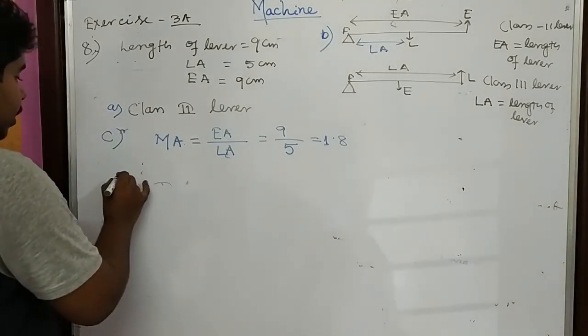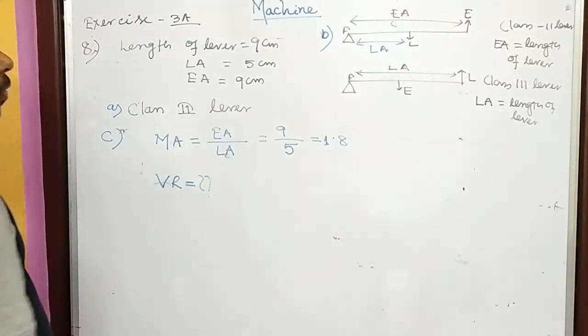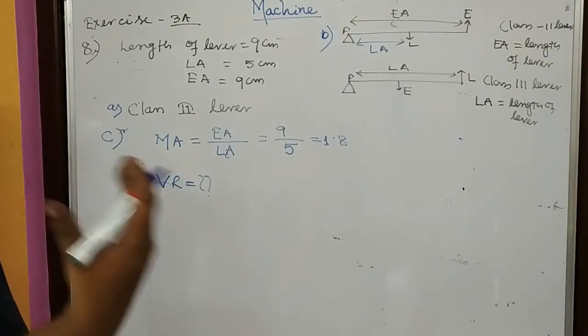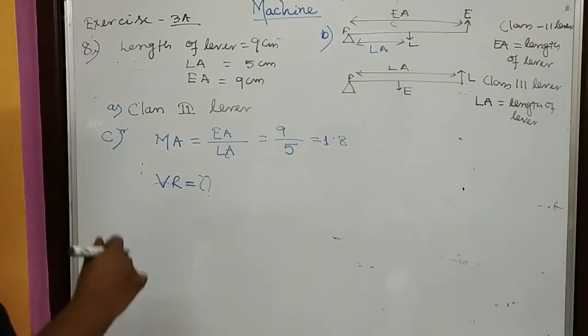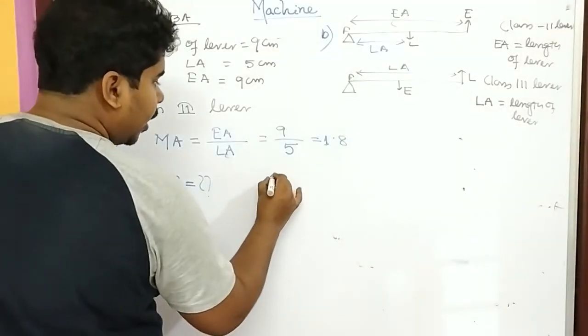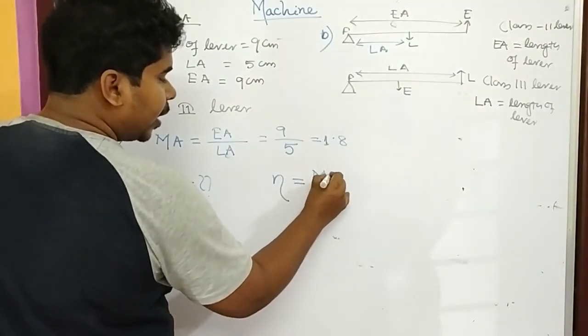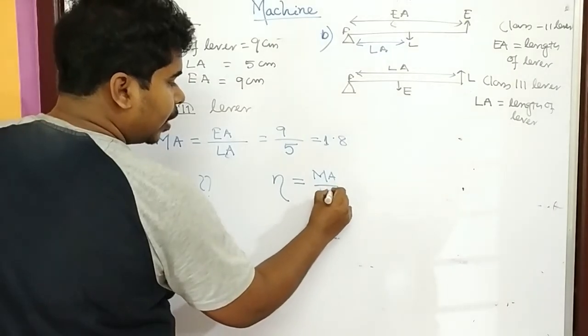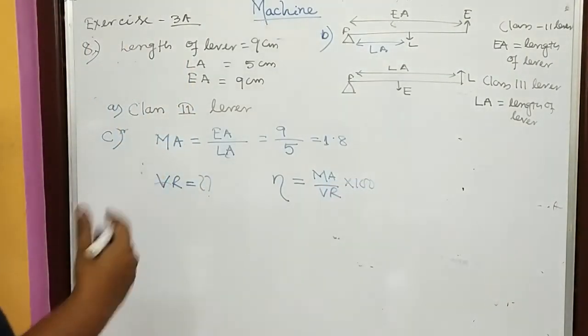Next it is asked that you have to find the velocity ratio. But how do you find the velocity ratio? Velocity ratio equals displacement due to effort by displacement due to load. That you don't know. But we know one thing: efficiency eta equals mechanical advantage by velocity ratio into 100, as we have to convert it into percentage.